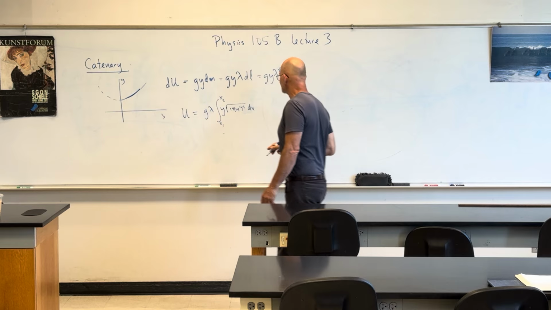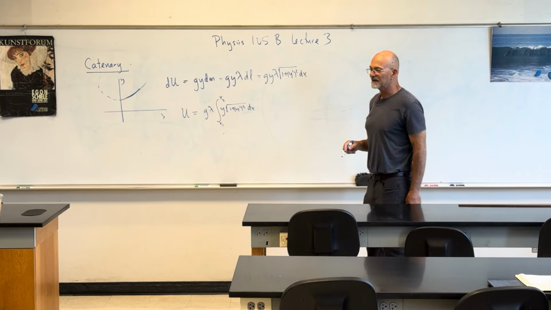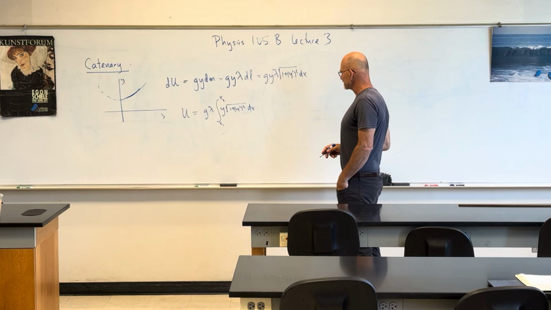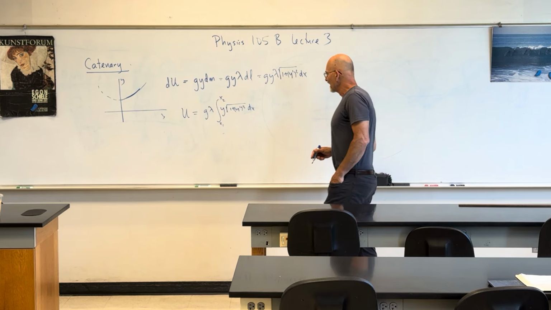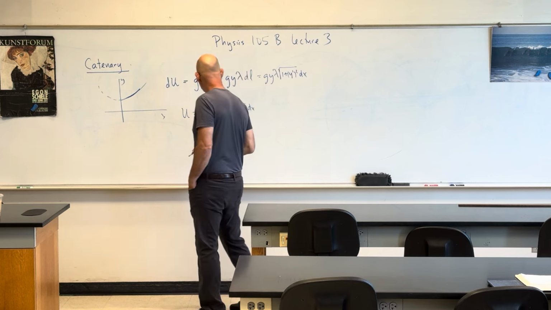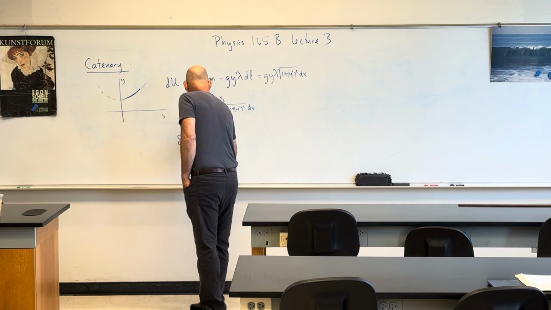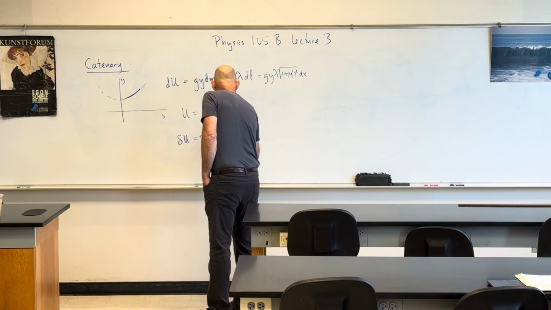Don't have to do it like that. That was the homework assignment, right? Okay, so the one I'm going to get to. So that was a variational problem. What we're saying is delta U equals 0 implies our problem.